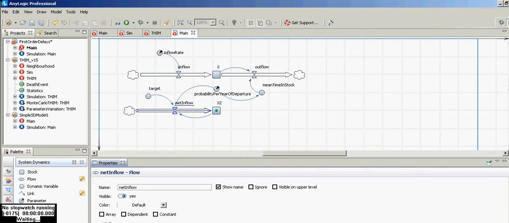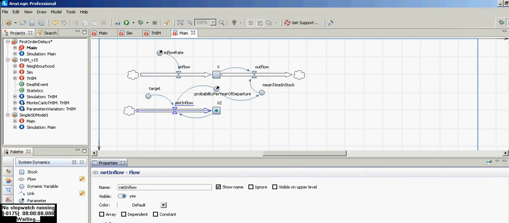How would we make it go up if target is greater than x2? Put aside the issue of how quickly it goes up, but just give me a really simple formula such that the net inflow will be positive if target is greater than x2. Try and develop your intuitions, because you may be asked this in the final exam.